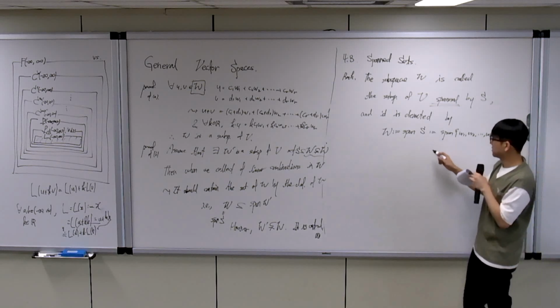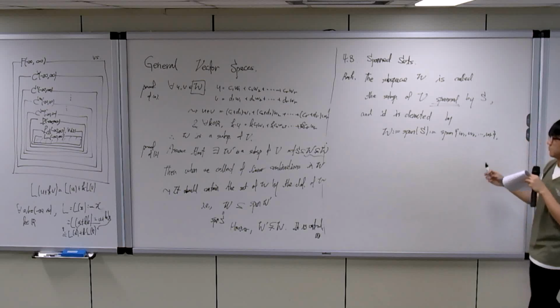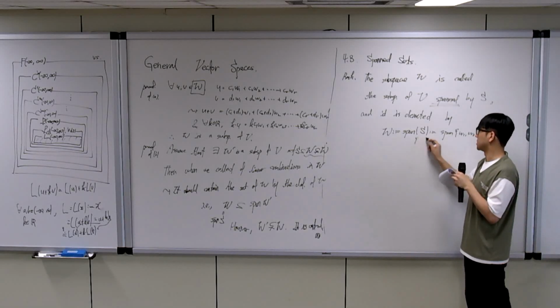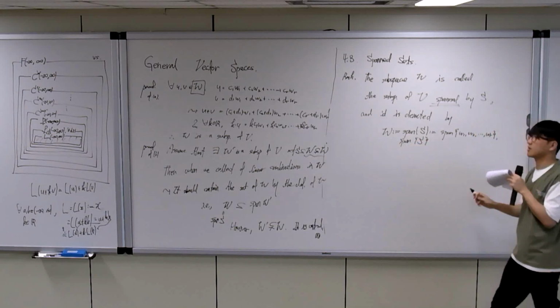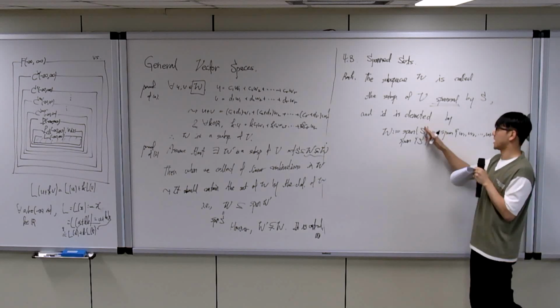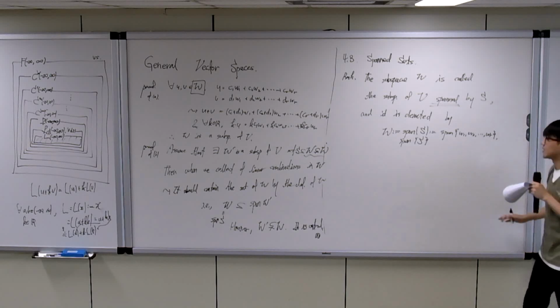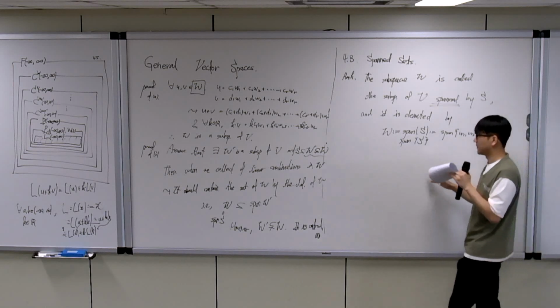Sometimes we denote it with bracket, circle bracket, or this bracket. It is just notation. If there is one you want, then it is okay to use that.